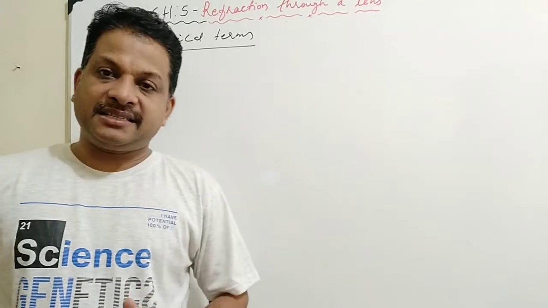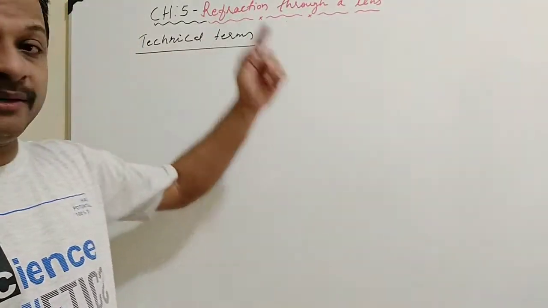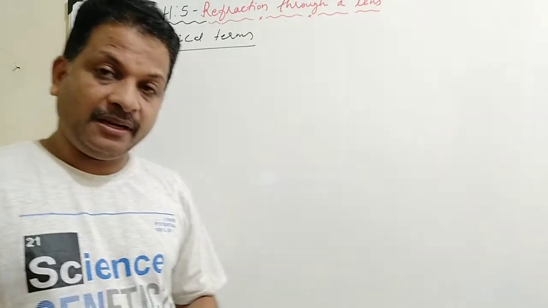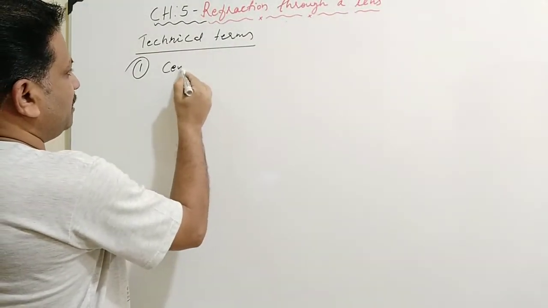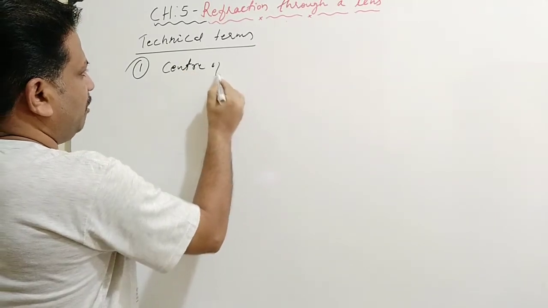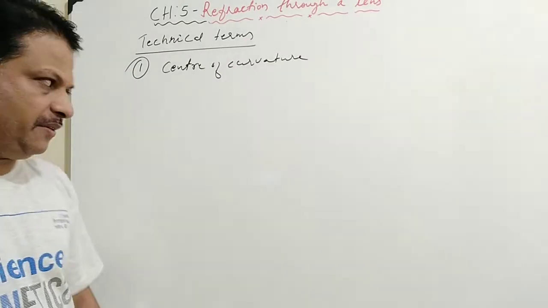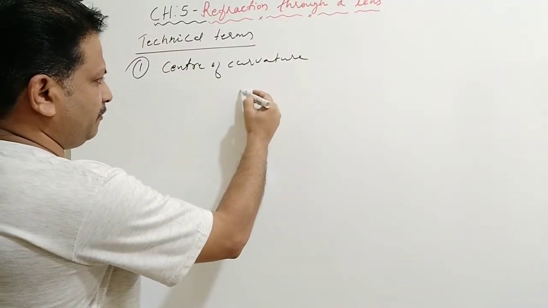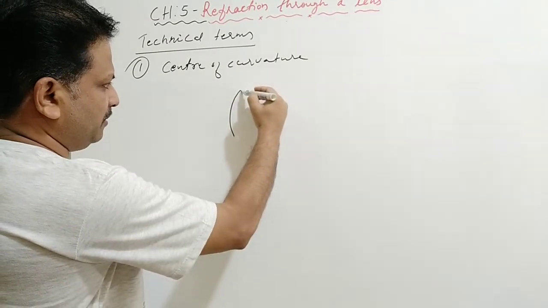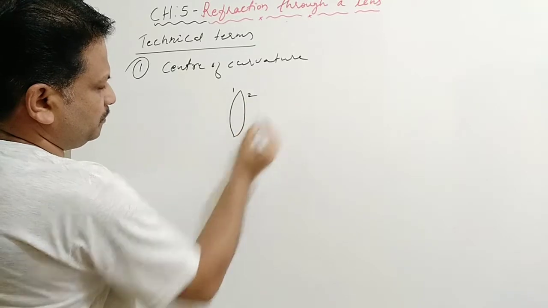When we learn about the construction and working of a lens, it is very important to know some technical terms associated with a lens. The first technical term associated with a lens is center of curvature. What is center of curvature? Consider a convex lens made up of two curved surfaces, curved surface 1 and curved surface 2.